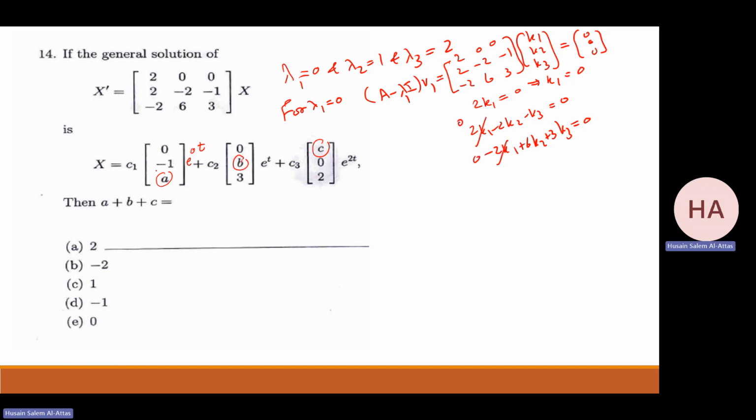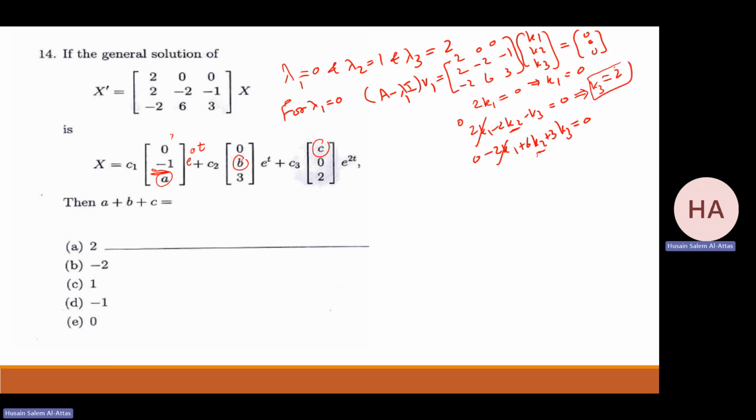Now I have my K2 is minus 1. If K2 is minus 1, K3 will be 2, which is also here. This is minus 1, so I have minus 6 plus 6, 0. So this is my K3 without doing all the calculation.